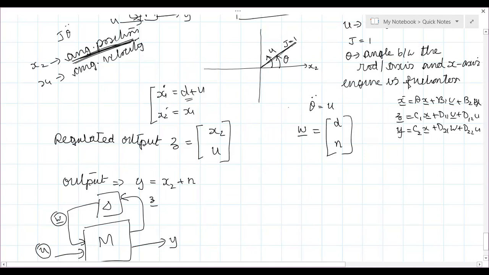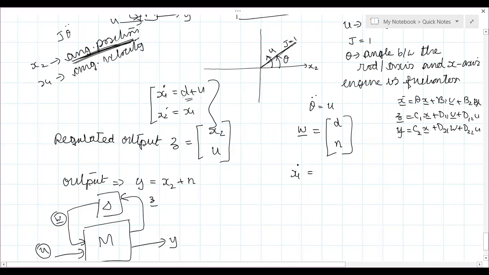What's the first equation? x1 dot equals what? Tell me, what will you get? Come on, what is x1 dot? It is D plus U, right?